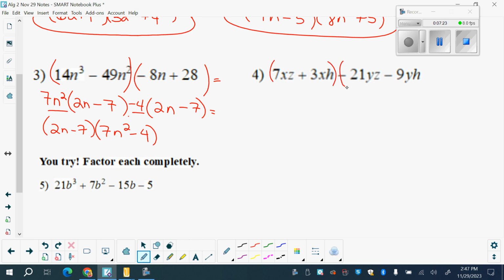Okay, number 4. What's your greatest common factor on the first group? X. And so this is going to be 7z plus 3h. And then what's the greatest common factor in the second one?